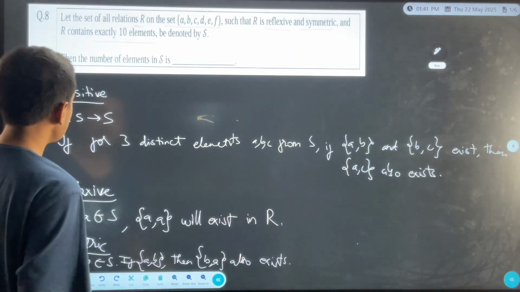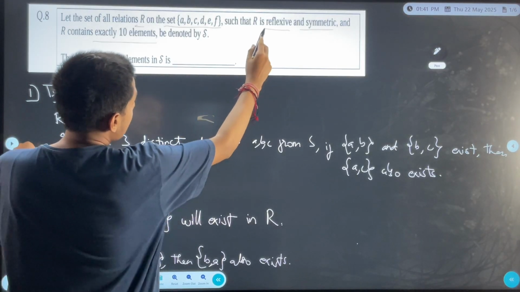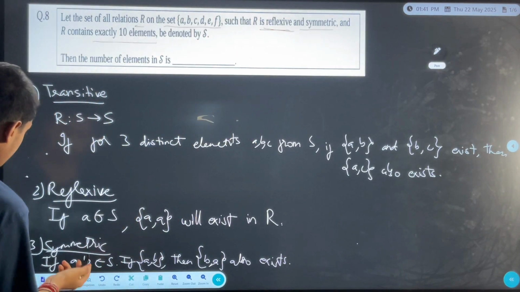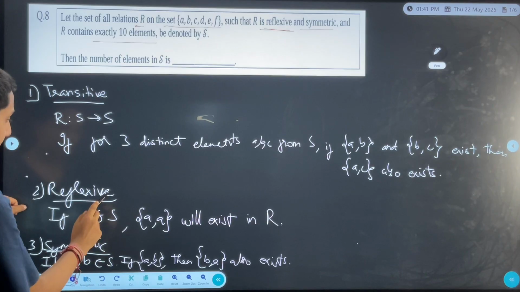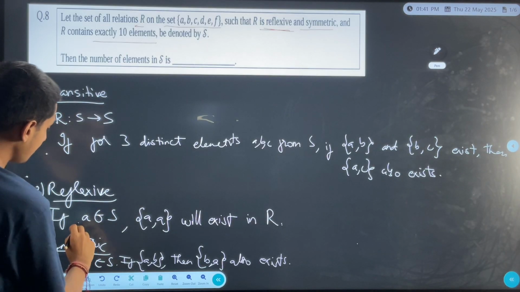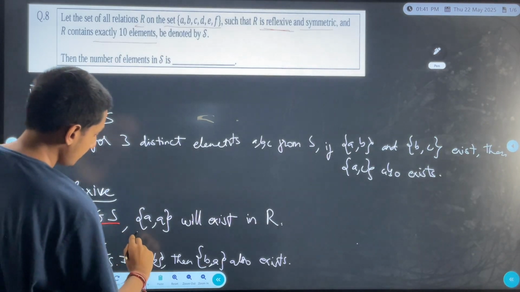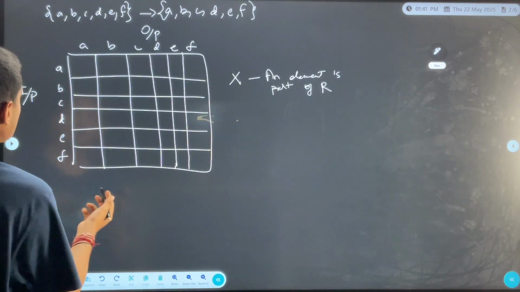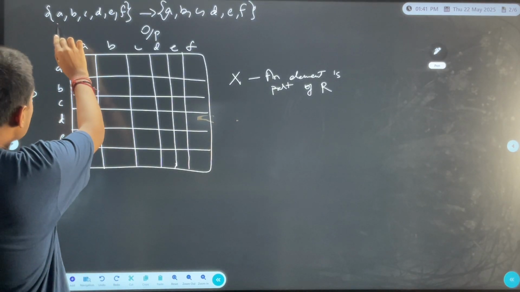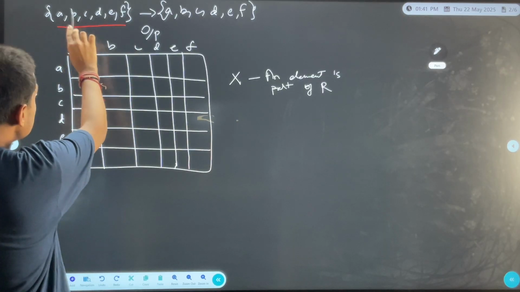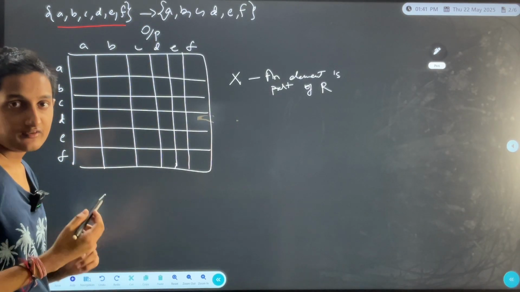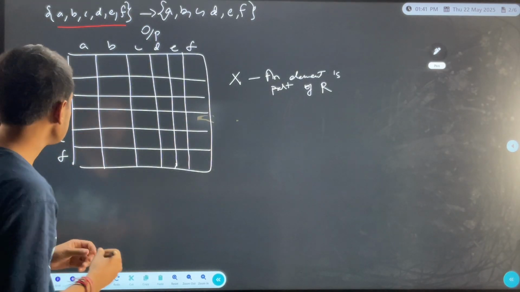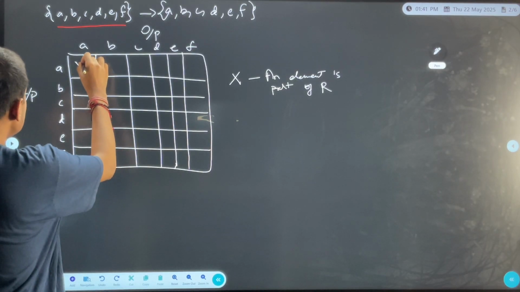Okay. So let us look back at the question. It is given that R is reflexive. From the definition of reflexive relation, if an element belongs to S, then AA is always existing. So here we can see that there are 6 total elements A, B, C, D, E, F, and because the relation is reflexive, all these elements on the diagonal will be present.